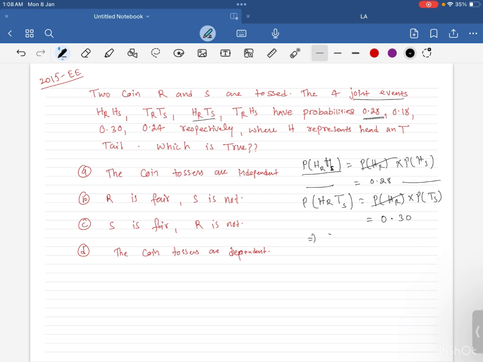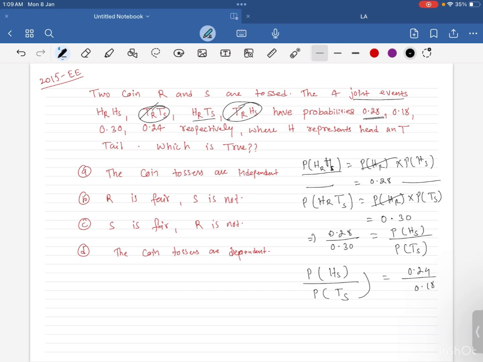So from here what we get is 0.28 divided by 0.30 is equal to the probability of head on S divided by the probability of tail on S. Similarly, we can use these two, and from here what we find is the probability of head on S divided by the probability of tail on S is 0.24 divided by the second one, 0.18, right?